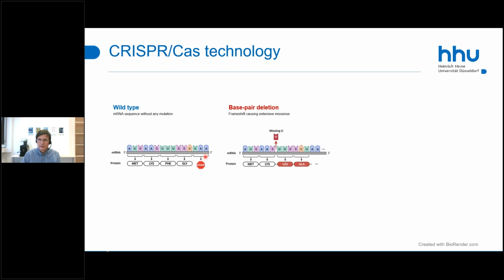So as I said, following the non-homologous end joining pathway, you can have either insertions or deletions of single or several nucleotides. And as we read these triplets for one amino acid, this usually leads either to an altered amino acid sequence or to an early stop, which will abolish your protein.